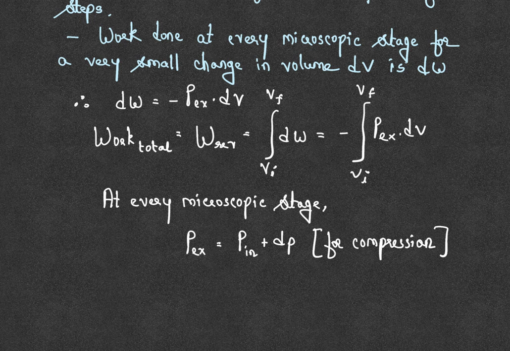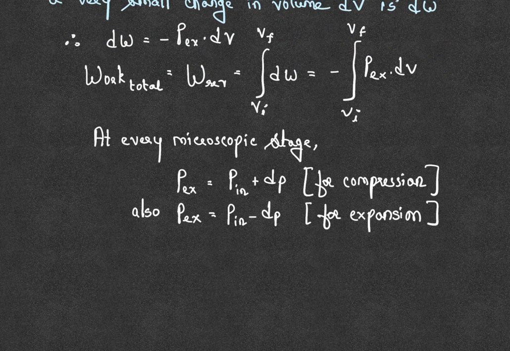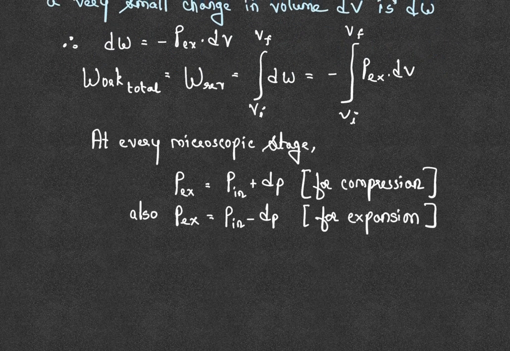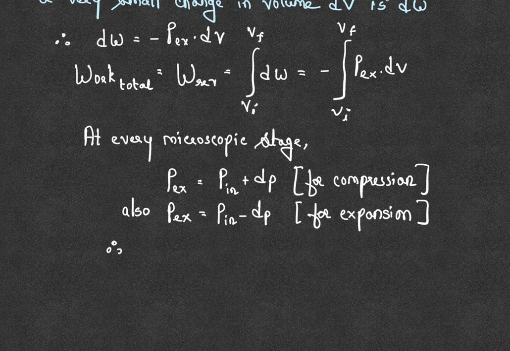Also, P external can be P internal minus dP for expansion, since when expansion is taking place, P external will be less. Therefore, in general, P external is equal to P internal plus or minus dP for any process.